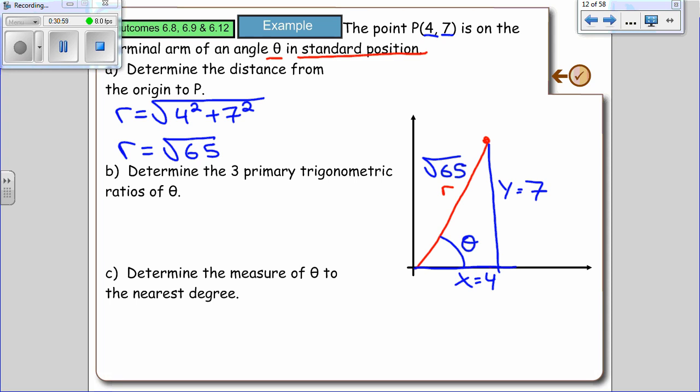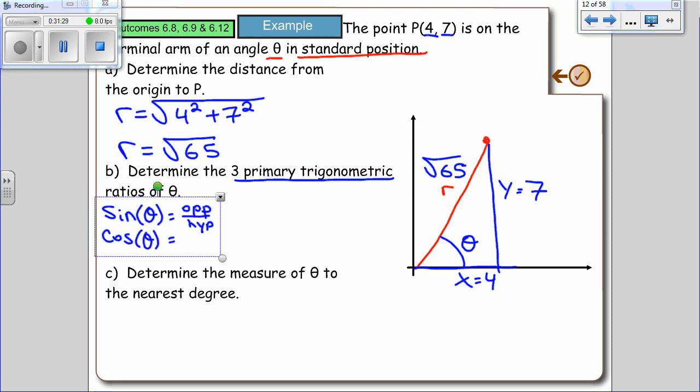Alright. Determine the 3 primary trigonometric ratios. The trigonometric ratios are SOHCAHTOA. So that means they want you to find sine of theta equals opposite over hypotenuse. I'm going to write out all 3. Cos of theta equals adjacent over hypotenuse.